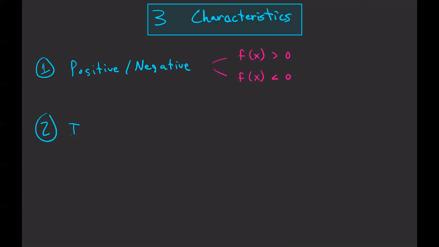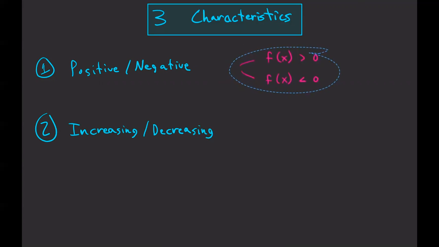Second is increasing, decreasing. And that's found by setting f prime of x greater than 0 or f prime of x less than 0.